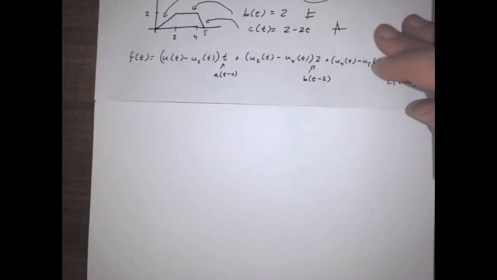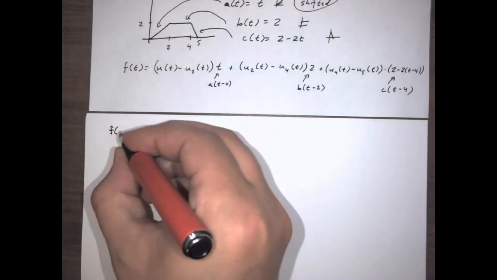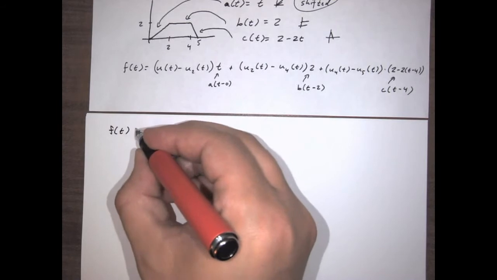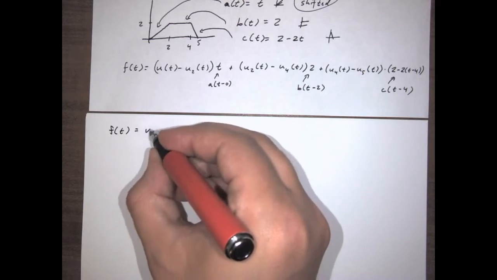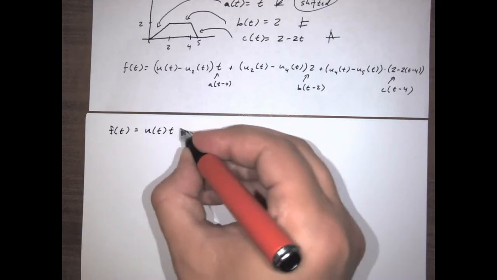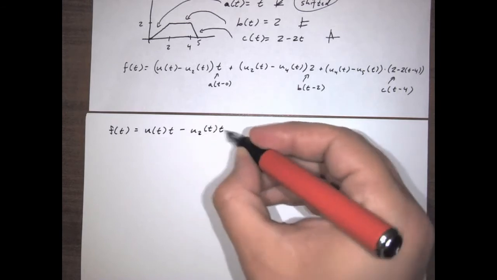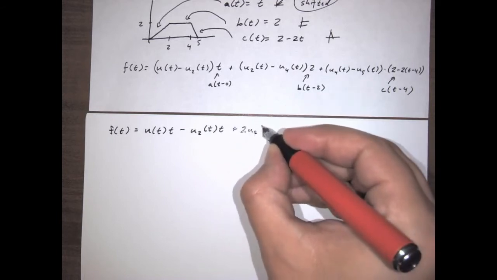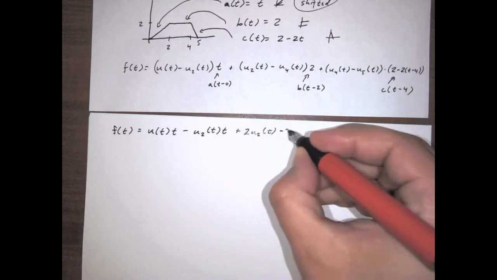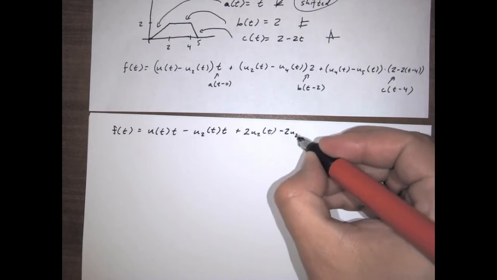So what we will do, move that a little bit more in view here, is just now distribute the terms. However, we will do so somewhat idiosyncratically. So what we're going to have here is u of t times t minus u2 of t times t plus, distributing the 2 now, 2 u2 of t minus 2 u4 of t.